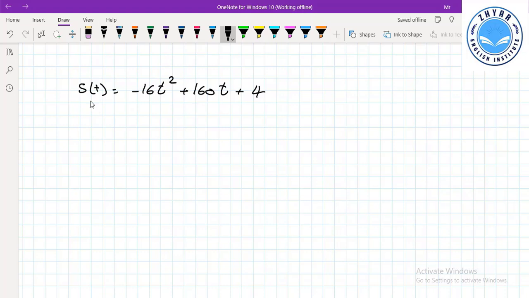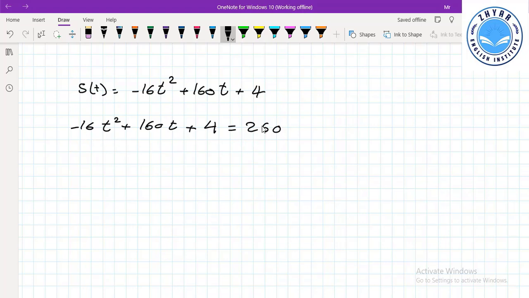I want this position to be 260. So negative 16t squared plus 160t plus 4 equal to 260. This is a quadratic equation. If we solve it, we get two answers automatically. One of them is the upwards 260 and the other one is the downwards 260.